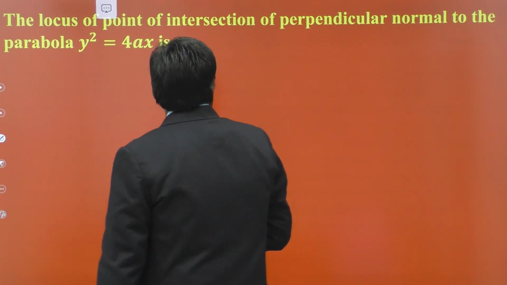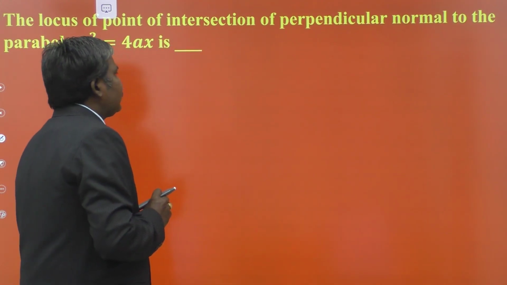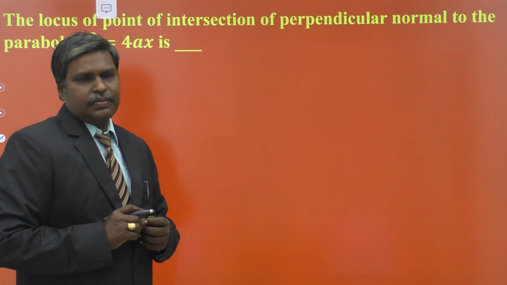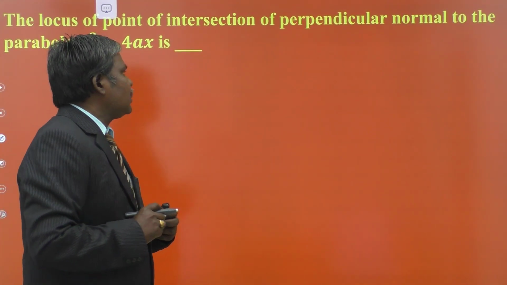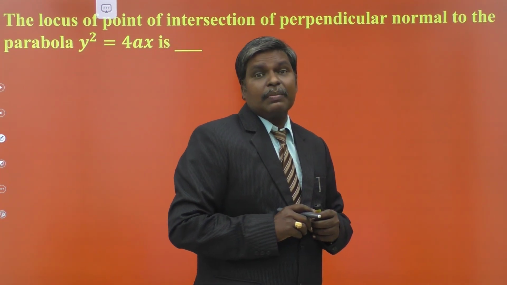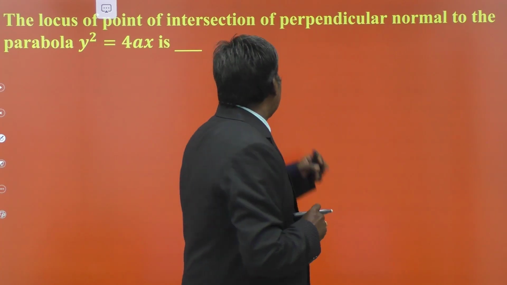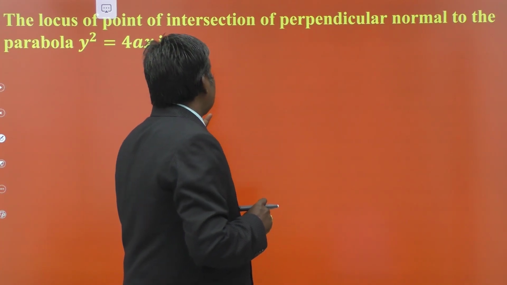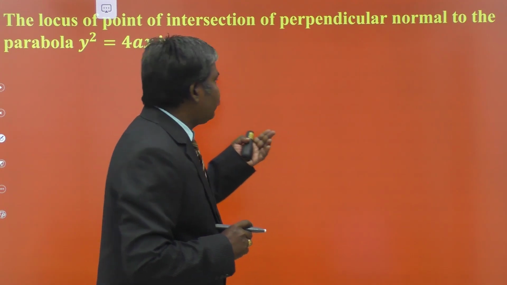The locus of point of intersection of perpendicular normals to the parabola y square equal to 4ax is what? We have to find out the locus of point of intersection of perpendicular normals to the parabola y square equal to 4ax. So 2-3 methods are there. You can use any of the methods.